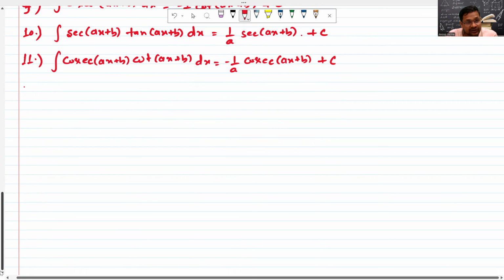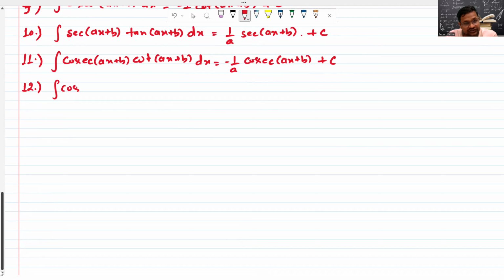Next, formula number 12. The integration of cosec (ax plus b) dx is just equal to 1 upon a log tan of 1 by 2 (ax plus b) plus some constant c.